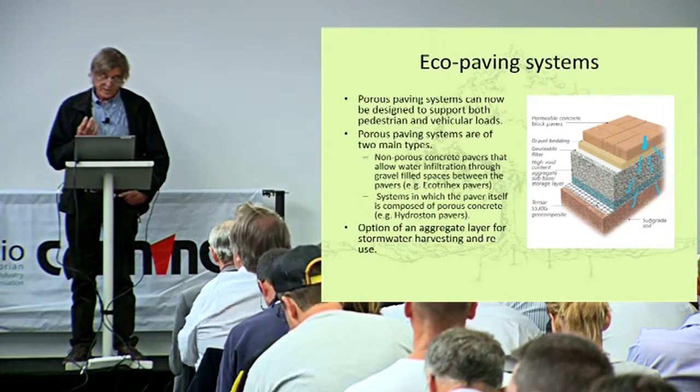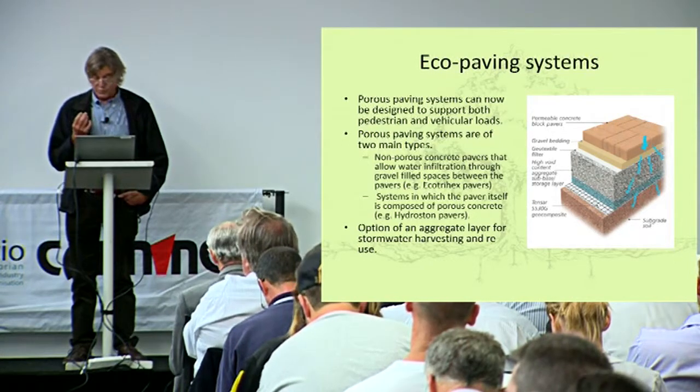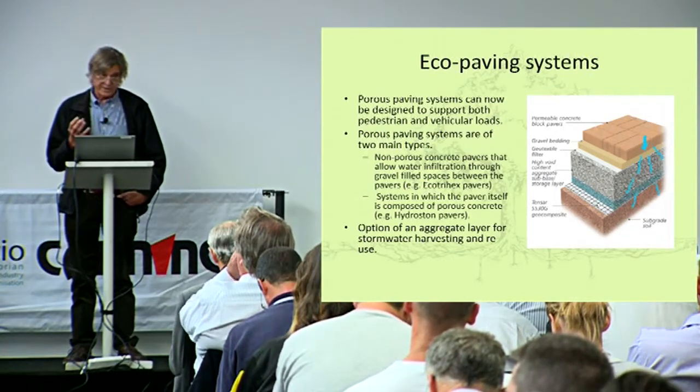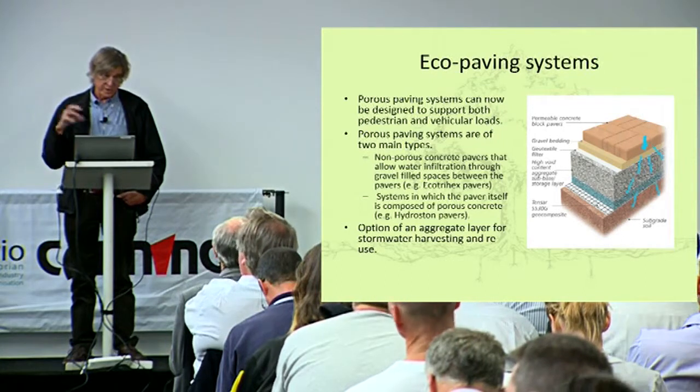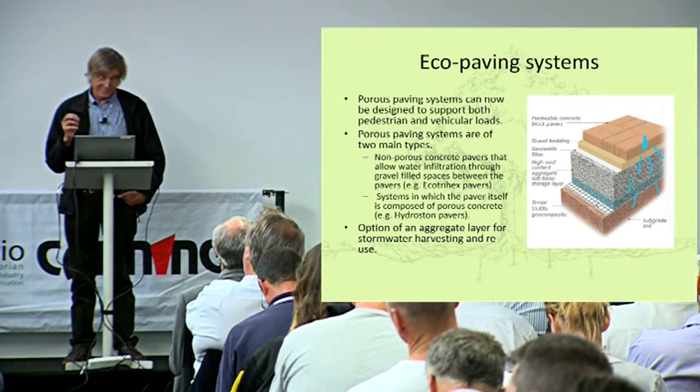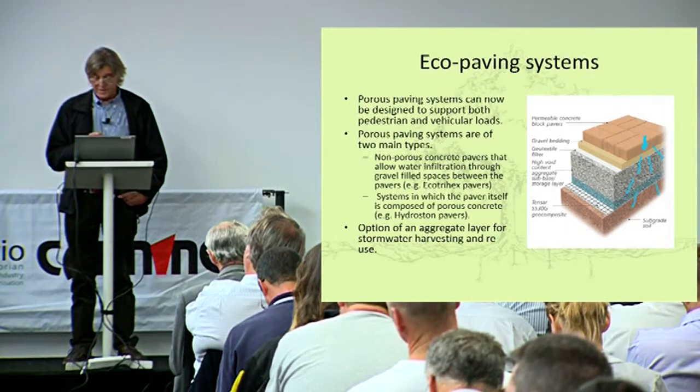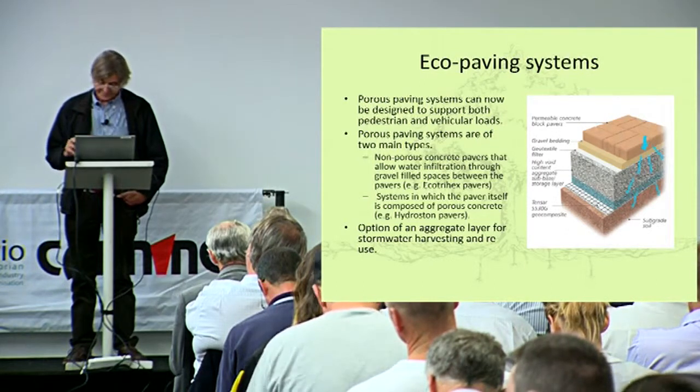And with these systems there are various options, as well as thinking about the tree. You can provide an underground storage layer where stormwater can be stored and reused for irrigation or other purposes.